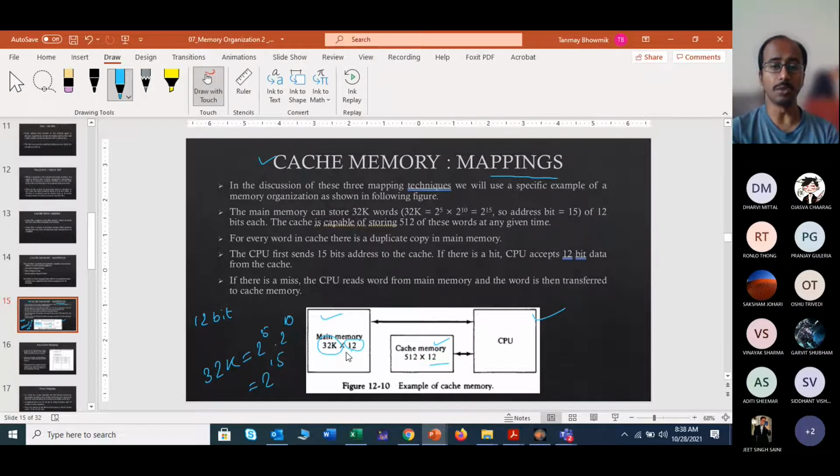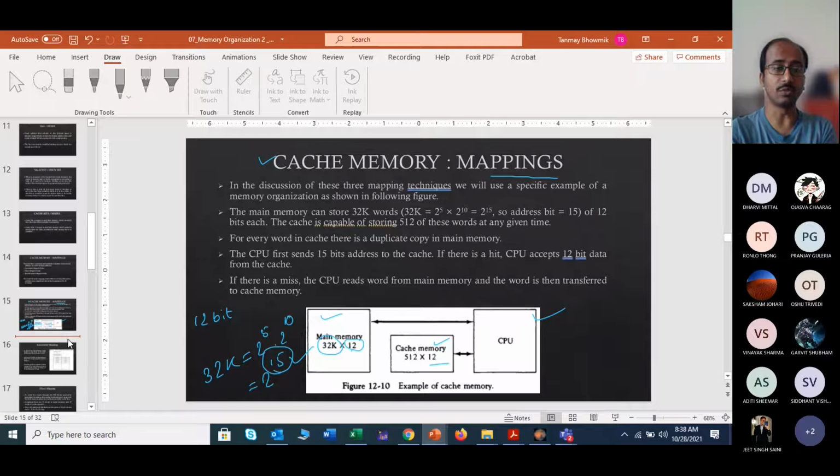So how many address lines does your main memory have? It is 15, right? I hope you understand.